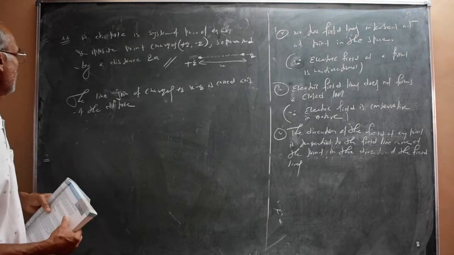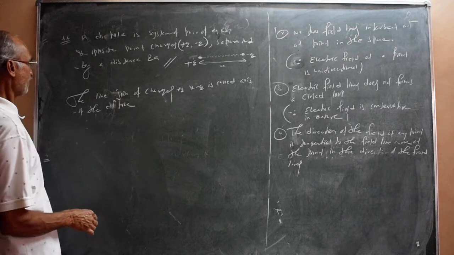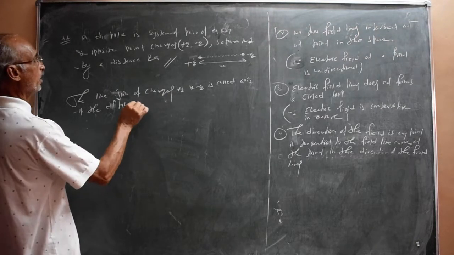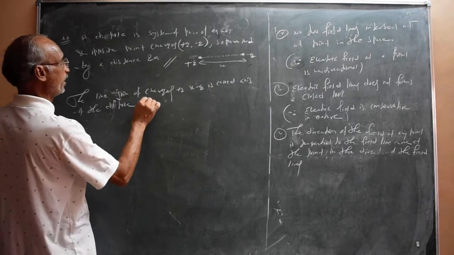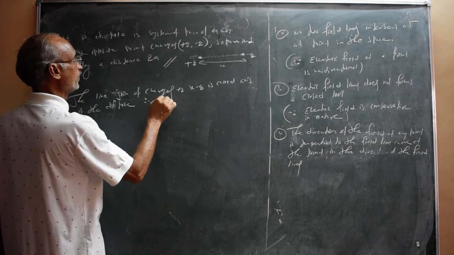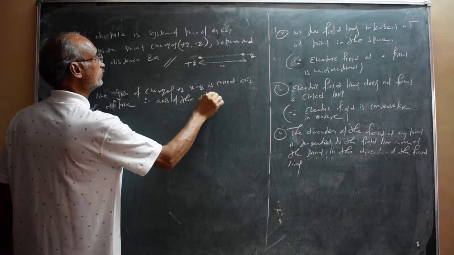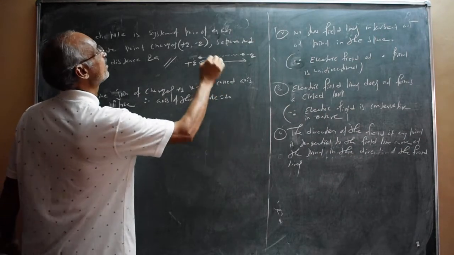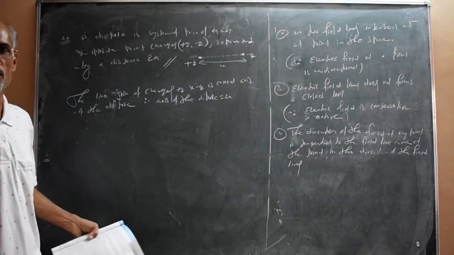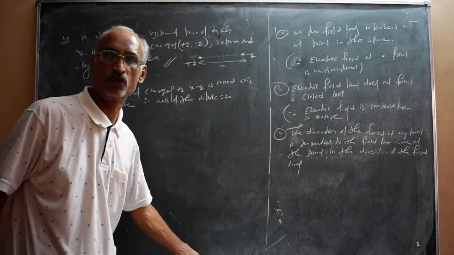So it is simply an imaginary line of the dipole. Therefore, the axis of the dipole is 2a, which means the length of the axis of the dipole is 2a.